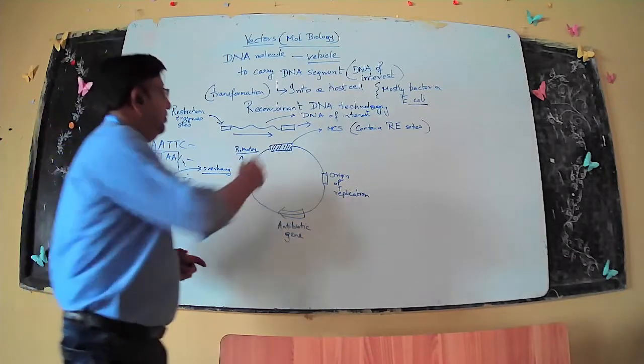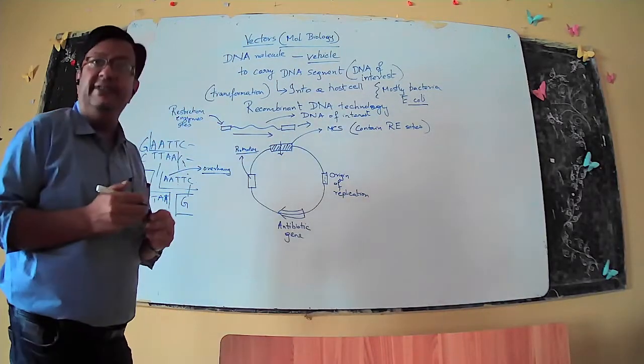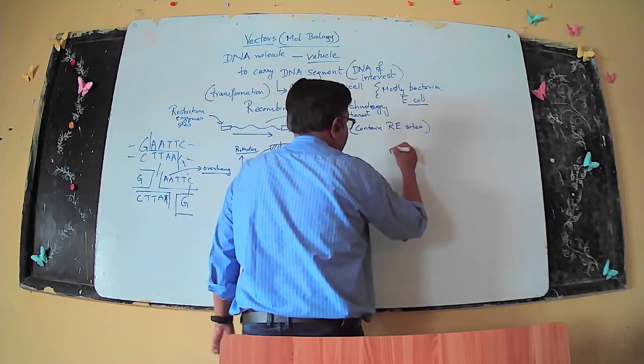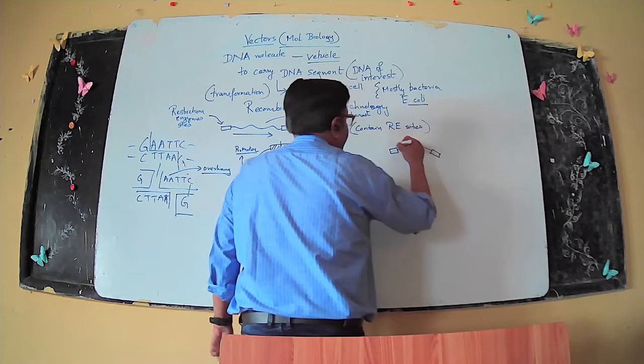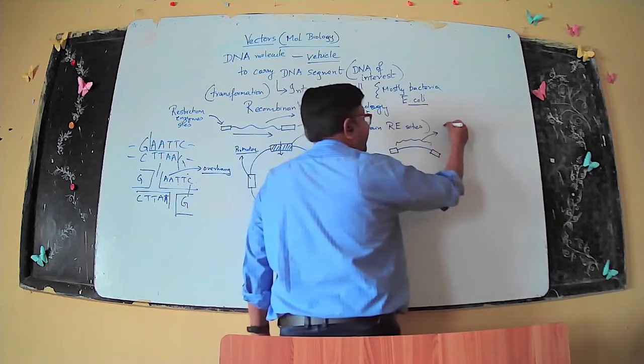And now you cut this also with a restriction enzyme, say GAATTC, as one example, and this is your gene of interest or DNA of interest.